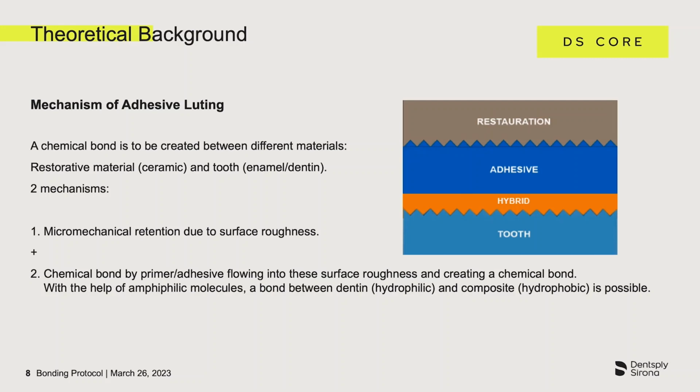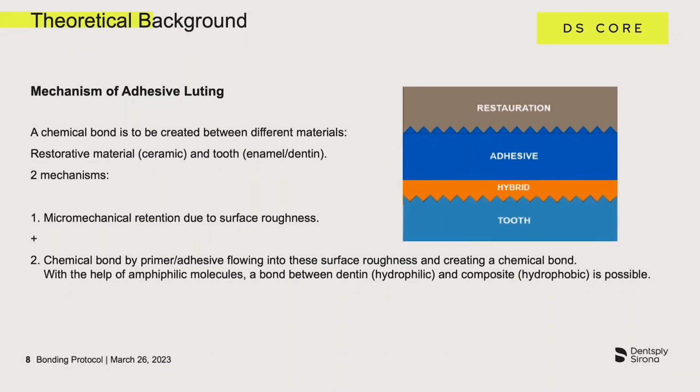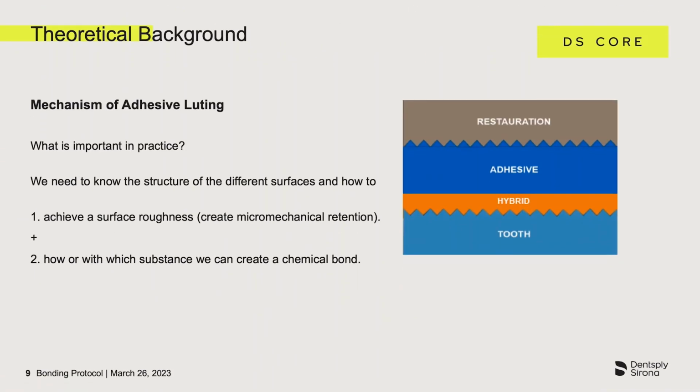Special amphiphilic molecules contained in the primer or adhesive make a chemical bond between the hydrophilic dentin and the hydrophobic composite possible. What practical relevance does this theoretical background have for us?